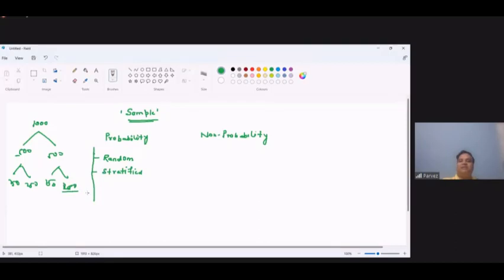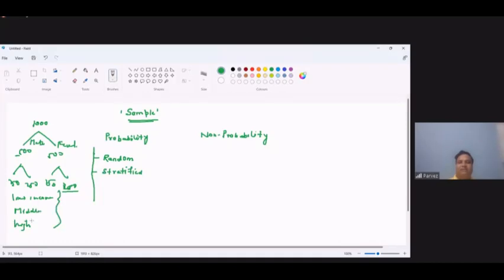But on what basis are you going to divide? Maybe I'm going to divide them based on some categories. Either male, female. I can say low income group, middle income group, high income group.